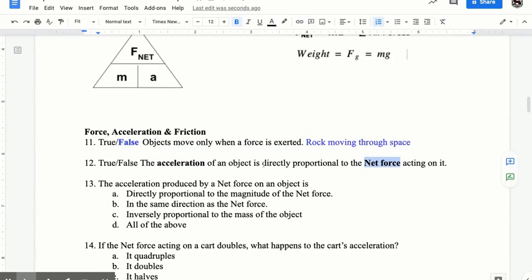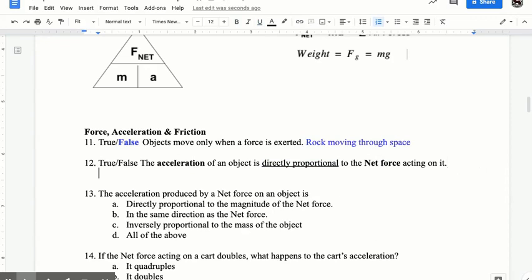Now, this directly proportional, this is probably the first time in your life you've ever heard this phrase. So let me just make sure that you know what it means. It means that as one goes up, the other goes up. And as the other goes down, the other will go down. So in order to see this, we should have a couple comparisons. And we should know the equations for acceleration and the equation for net force.